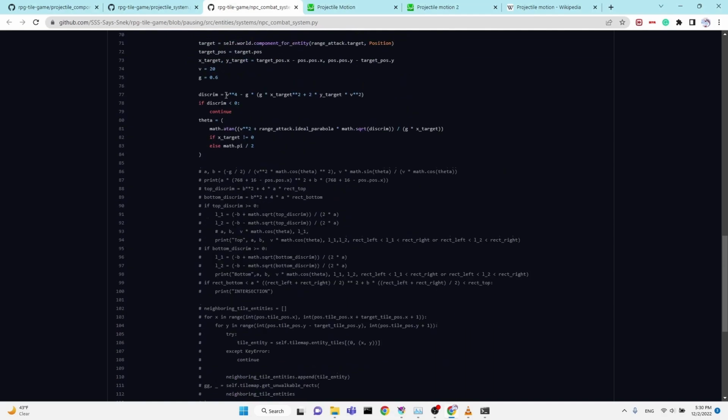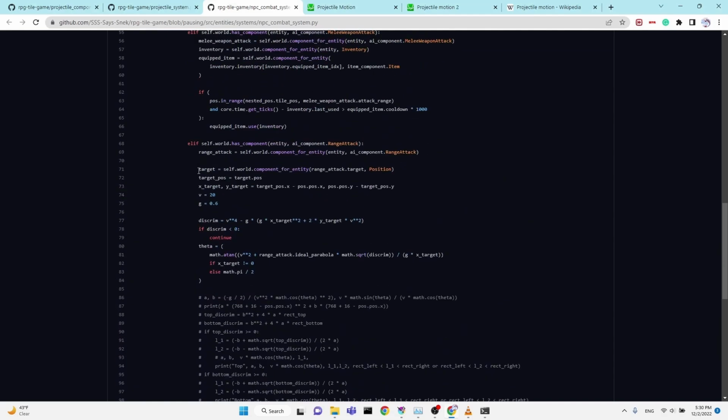And ignore the comments. First of all, we're going to find the target position of the range attack's target. Now, here comes the part where I was talking about the offsetting. We have this X target and Y target. We set X target to the target position x minus the shooter's position x. That's the X coordinate, right?